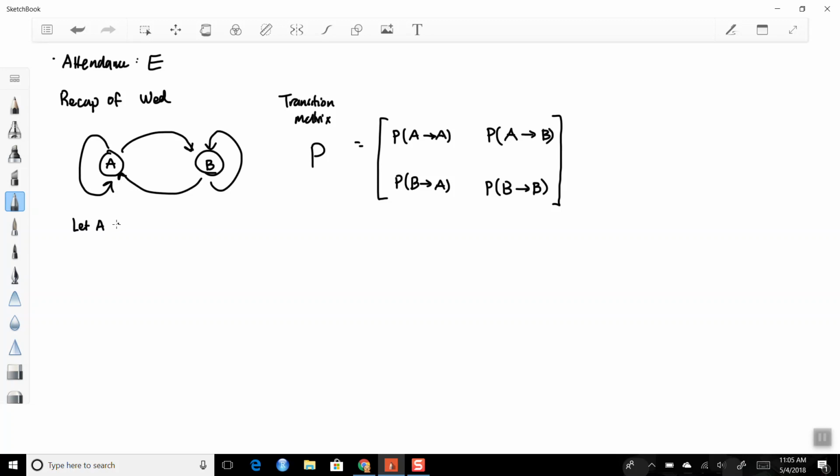Let A be state 1 and let B be state 2. Then we can label our probabilities as such.